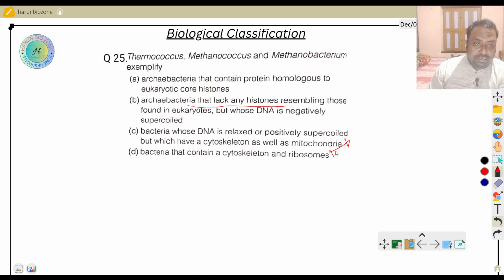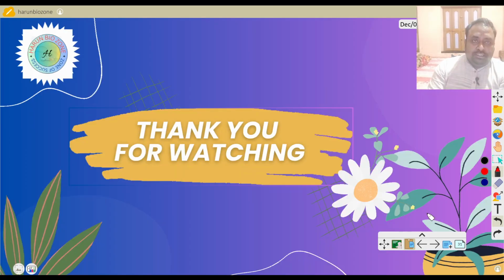Bacteria never contain a cytoskeleton, meaning microtubules, microfilaments and intermediate filaments are absent in bacteria. This is also a wrong answer. Archaeobacteria that contain protein homologous to eukaryotic core histone: this is the right answer. The histone proteins in archaeobacteria look like those of eukaryotes.